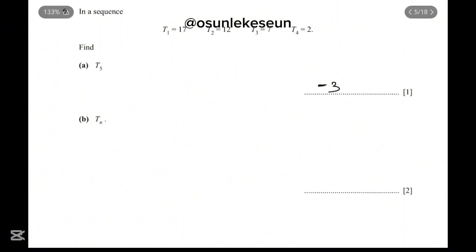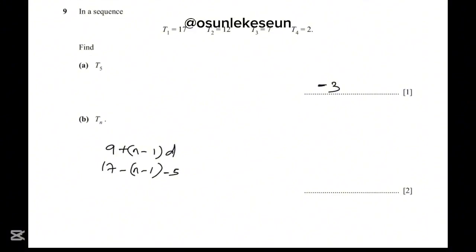And for the Tn, this is an arithmetic progression or a linear sequence, so it's a plus n minus 1 d. In this case, the first term a is 17, and for the nth term we have n minus 1. The common difference is minus 5 because we're subtracting. So this is going to give us 17 minus 5 times n minus 1.